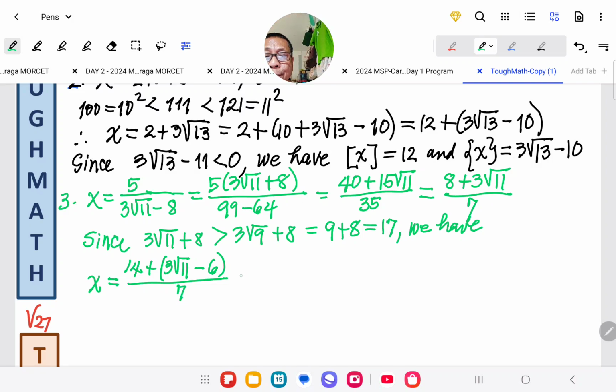So we have 14 divided by 7 is 2 plus 3 square root of 11 minus 6 over 7.